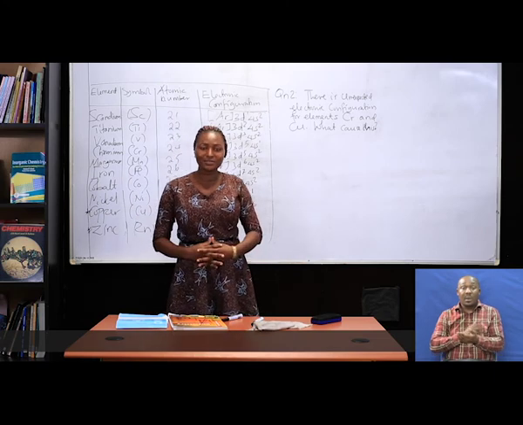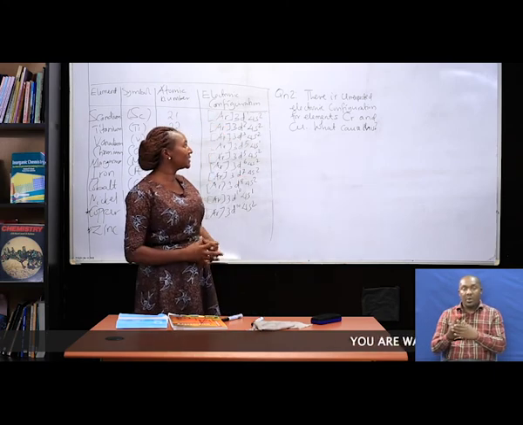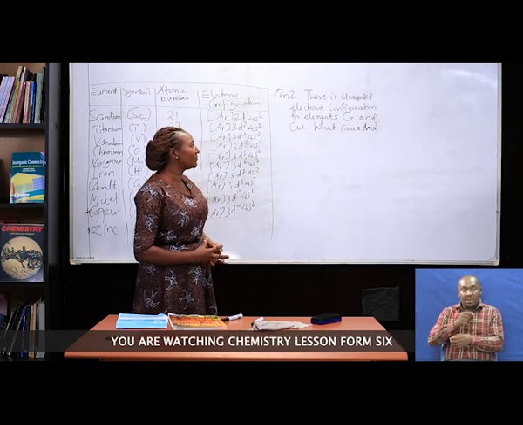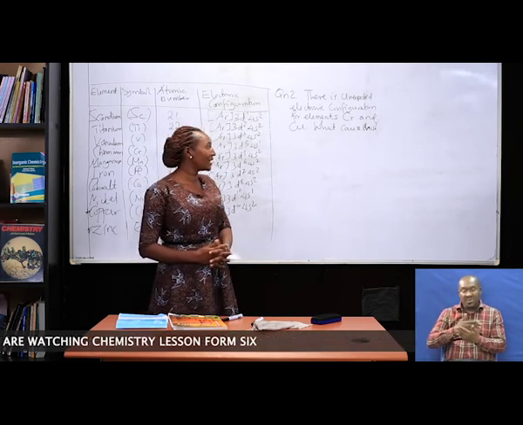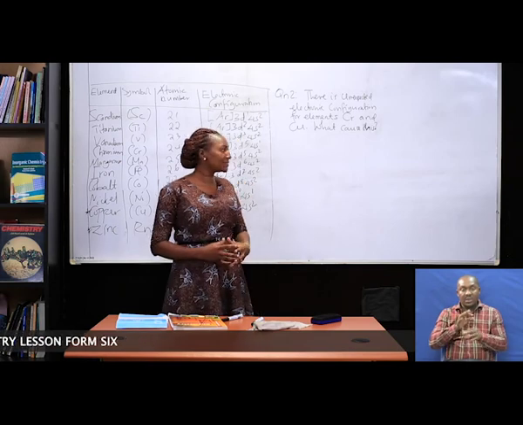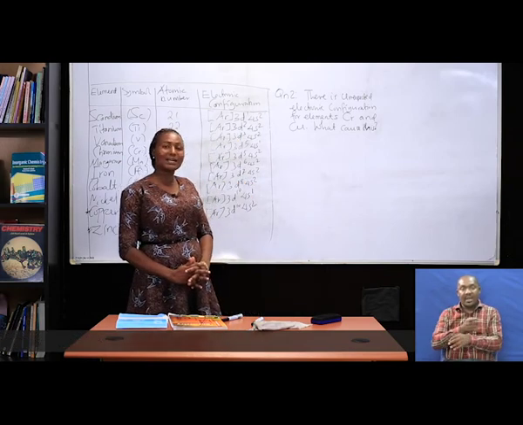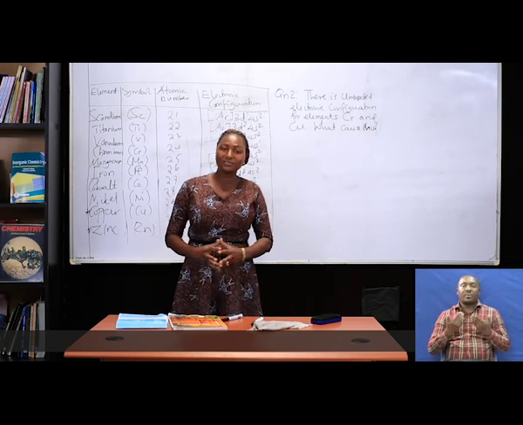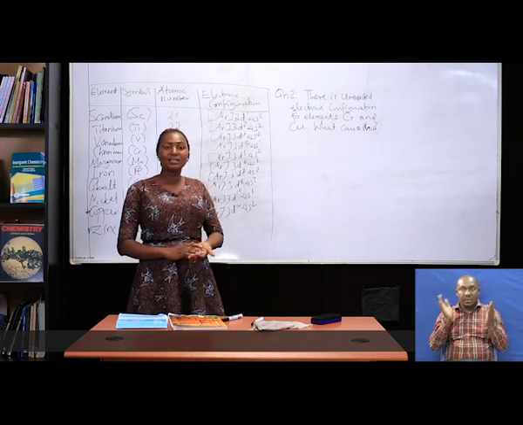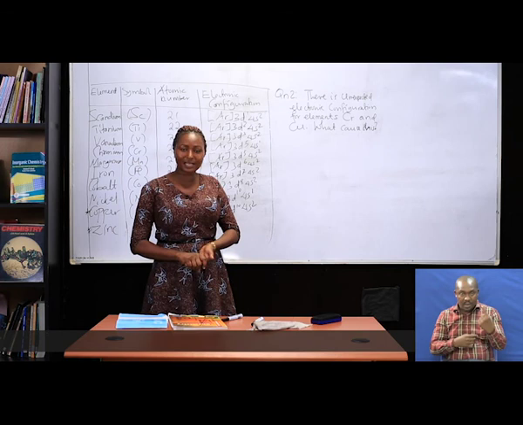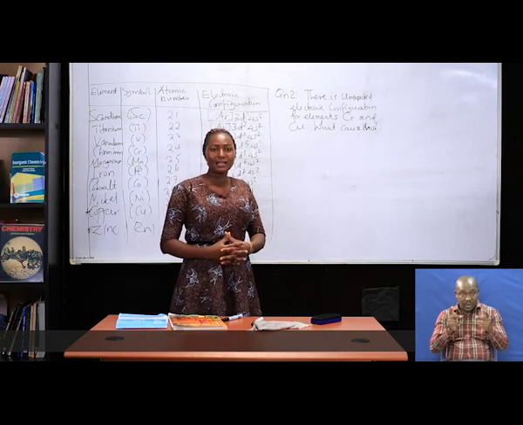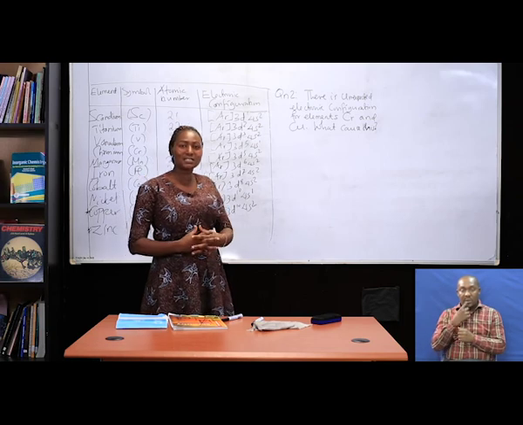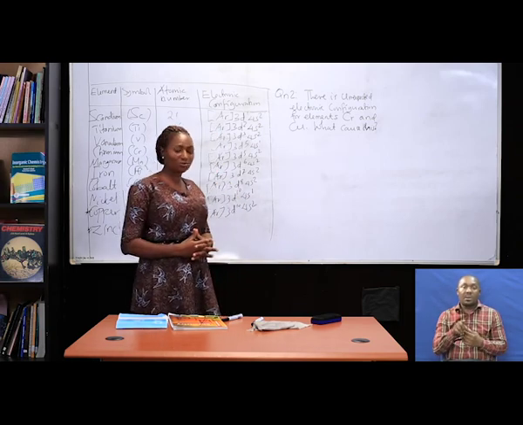Question number 2 says that there is an unexpected electronic configuration for the elements chromium and copper. What caused this? Again, let us see the electronic configuration of the first series of elements in the d block.